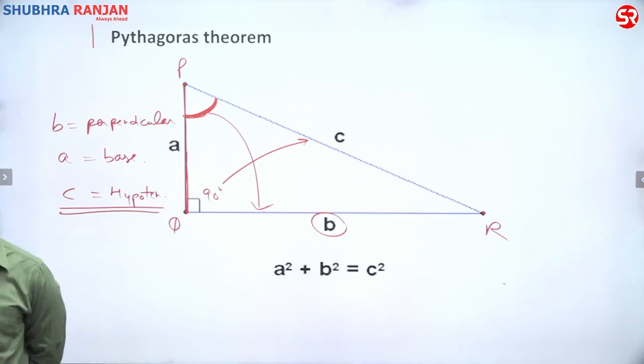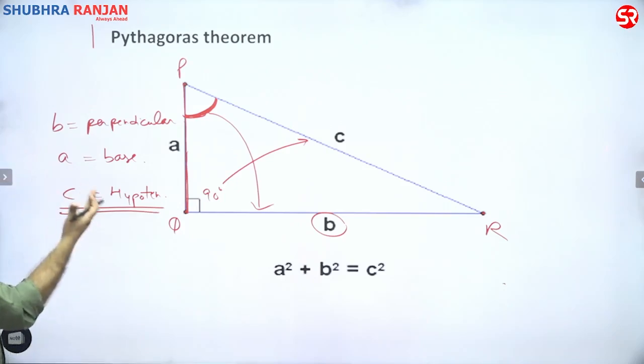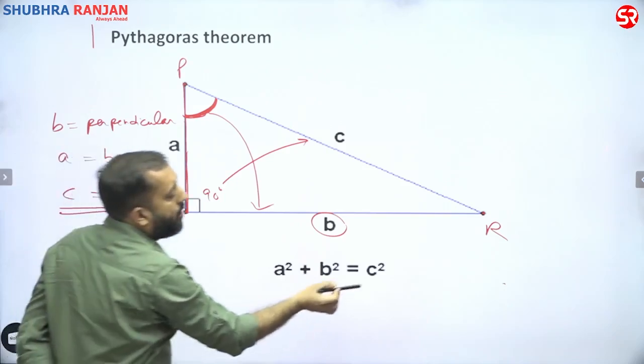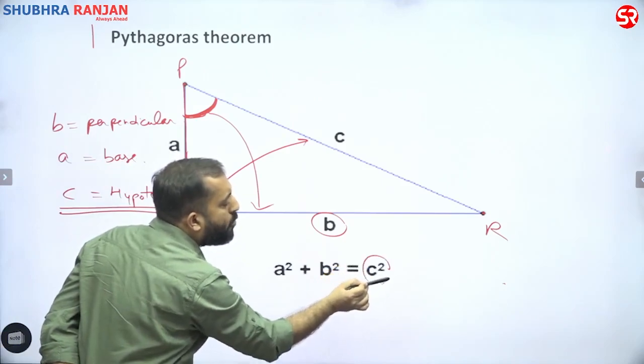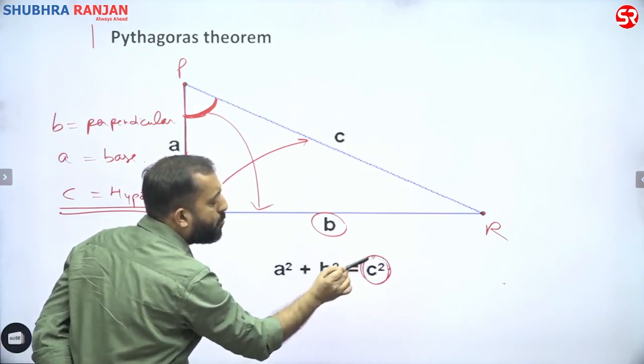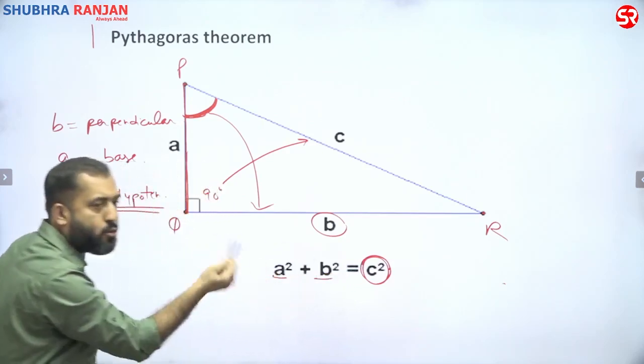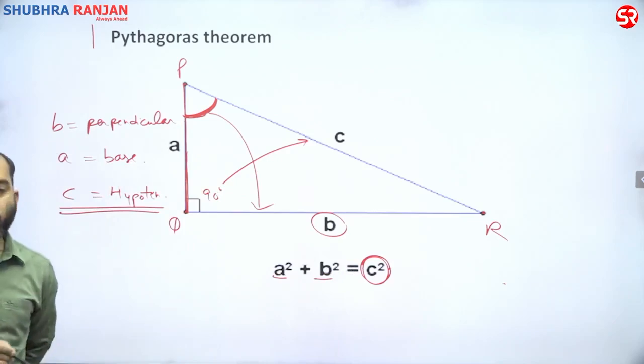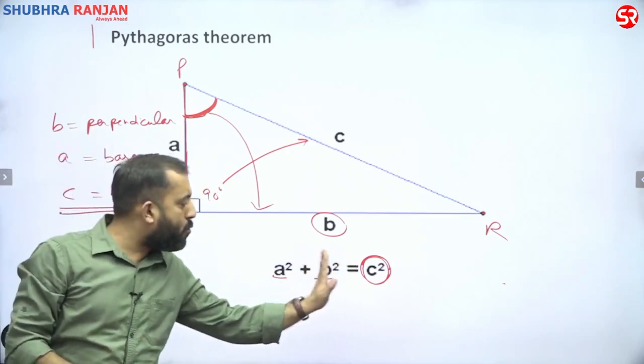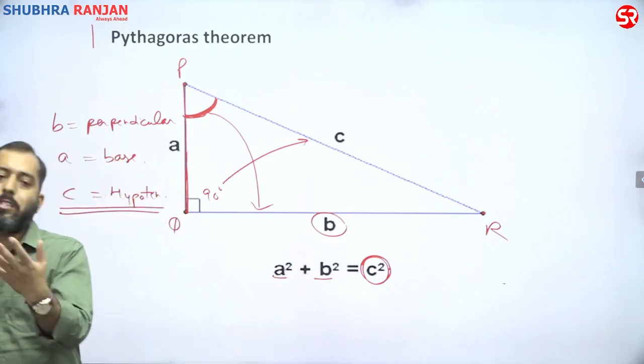Done? Basic scenarios. Clear? Now, what Pythagoras theorem says: the hypotenuse square is equal to the sum of the squares of the two other sides.